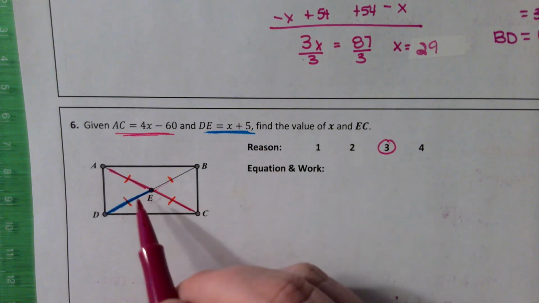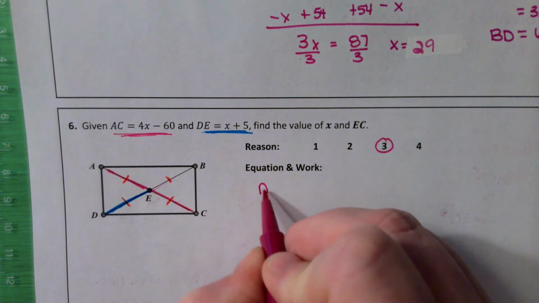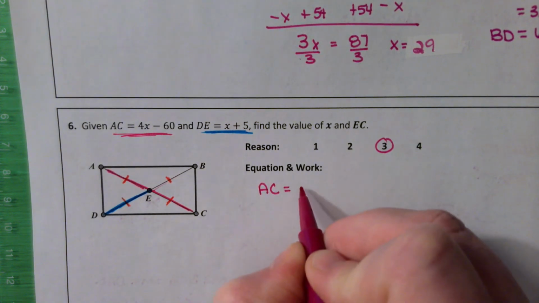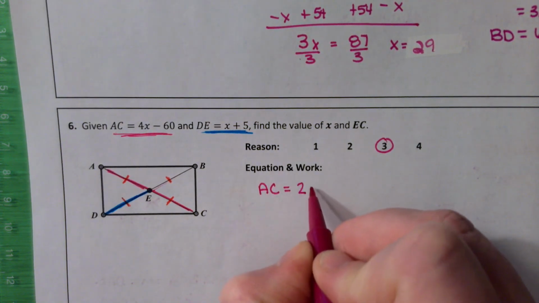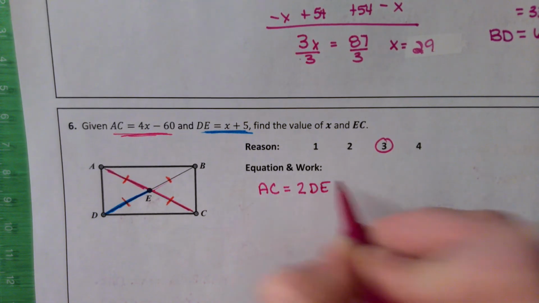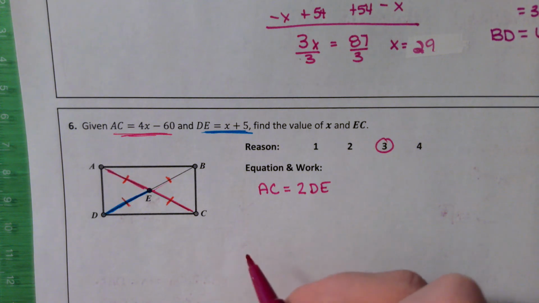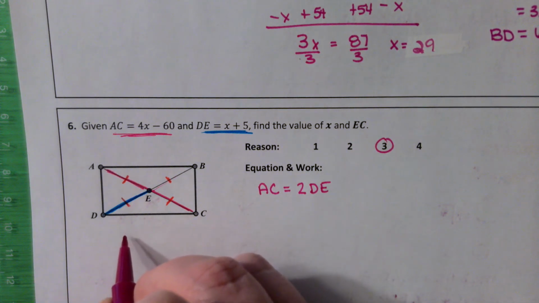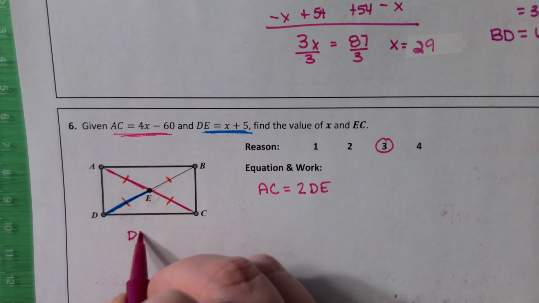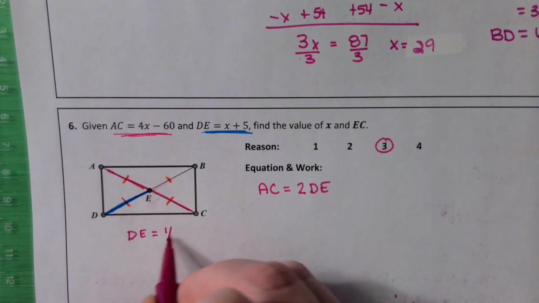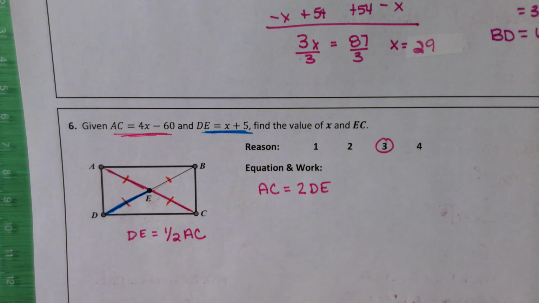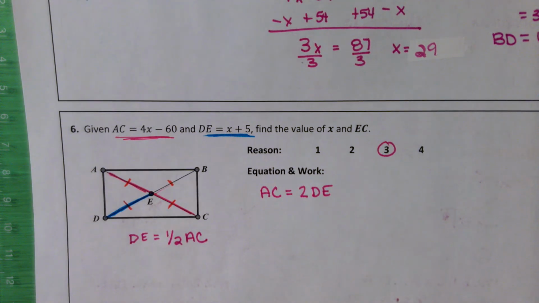So AC is actually equal to 2 of DE, just like from the parallelogram example. You may have DE, or the half, equal to 1/2 of AC, the total diagonal.